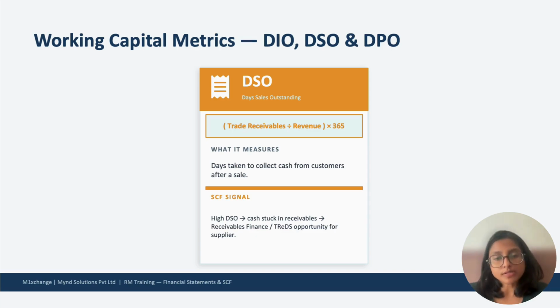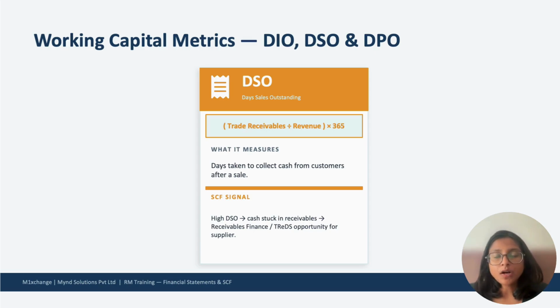The seller's invoices are raised on the platform and funded by a financier with the help of the buyer's credit risk. Any DSO above say 60 days will be a strong signal that the MSME supplier will need a discounting facility.